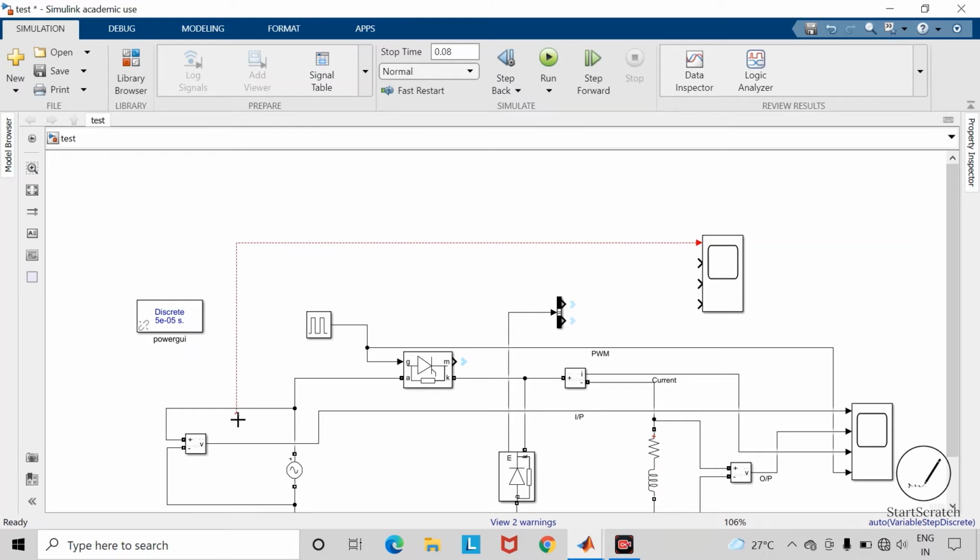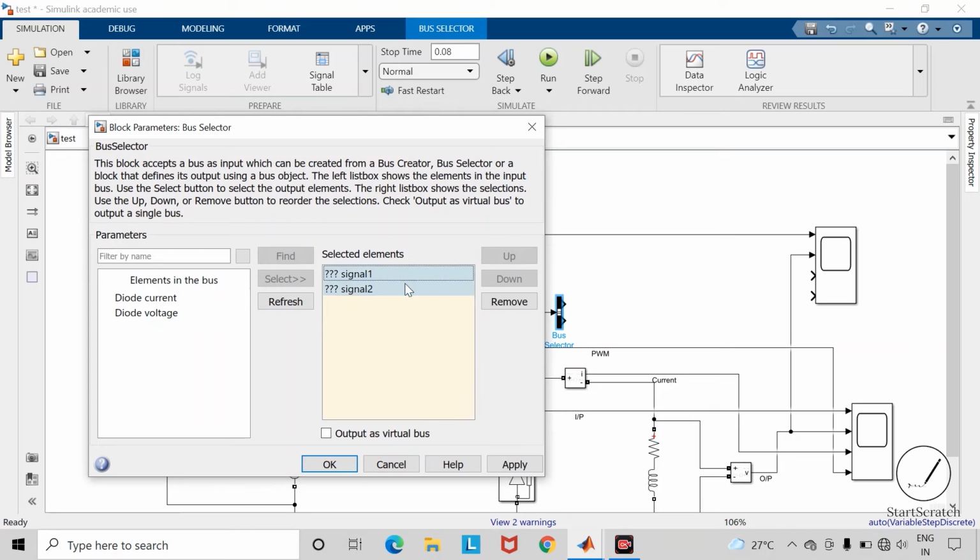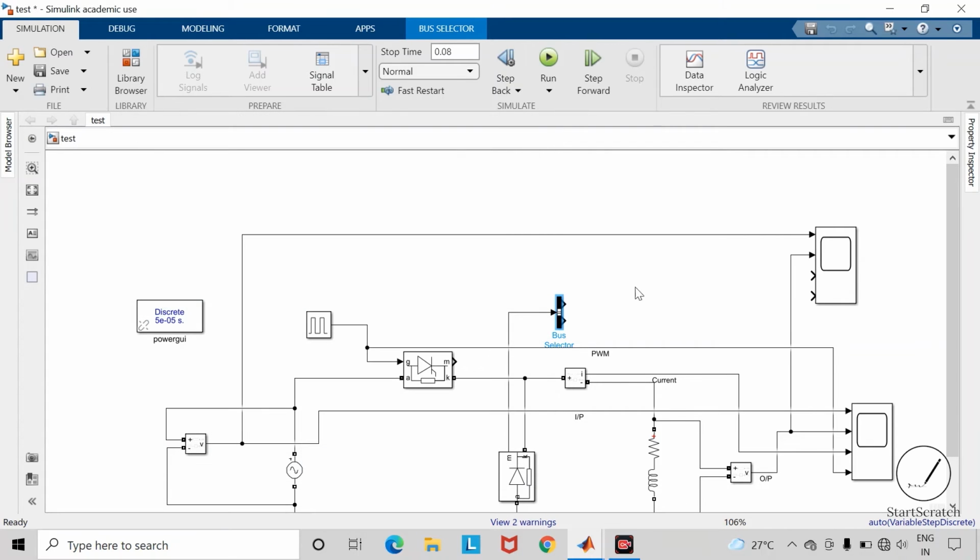I am connecting to the first terminal voltage across this supply side. To the second terminal, connect the output voltage across the load and open this bus selector. Remove these previous signals and select diode current and diode voltage. Connect these terminals to the scope block.